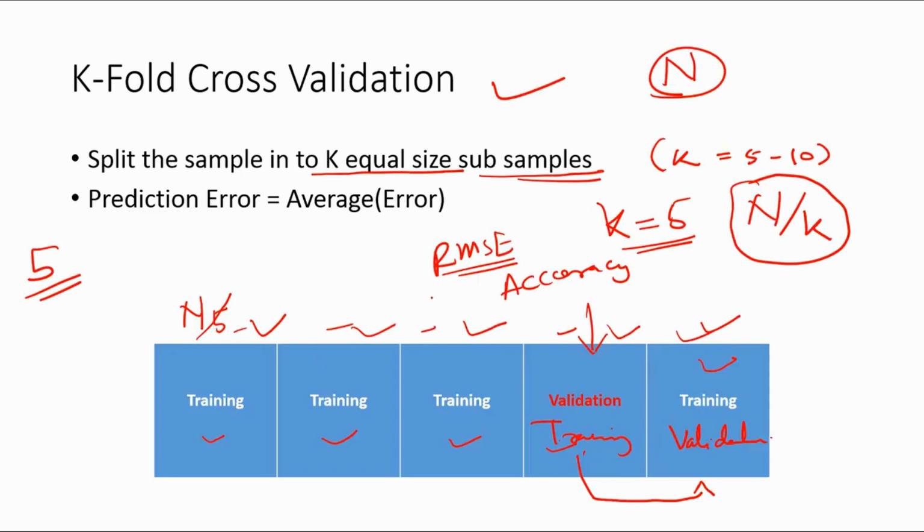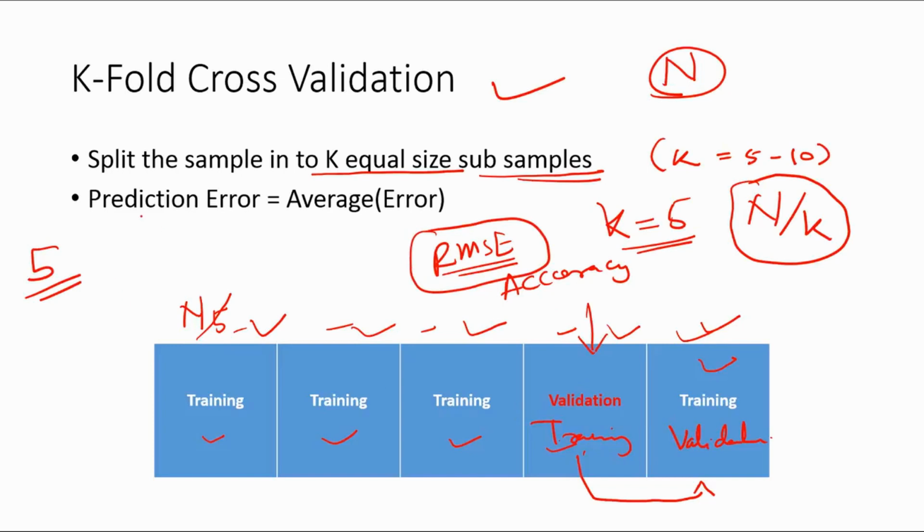Every time you validate your model, you will get some sort of error. It could be the pure modulus of the error, or you simply square it and take the square root, the root mean square error rate. So you will get an error while doing the validation for each of the samples.